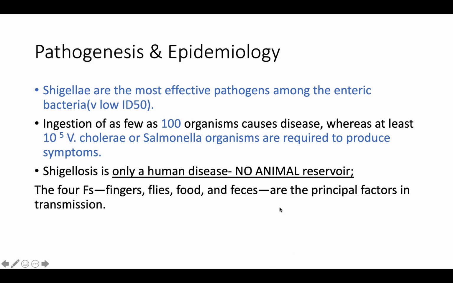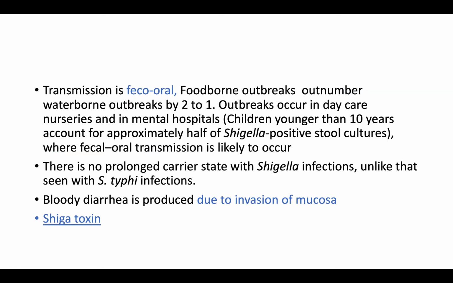Shigellosis is only a human disease, as there is no animal reservoir. So here is a mnemonic about the 4 F's. Fingers, flies, food, and feces are the principal factors for the transmission of Shigella. Transmission, as we said, is fecal-oral.